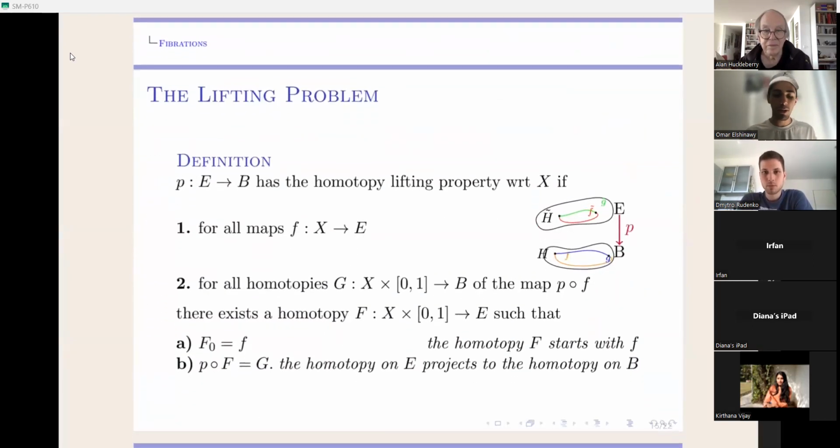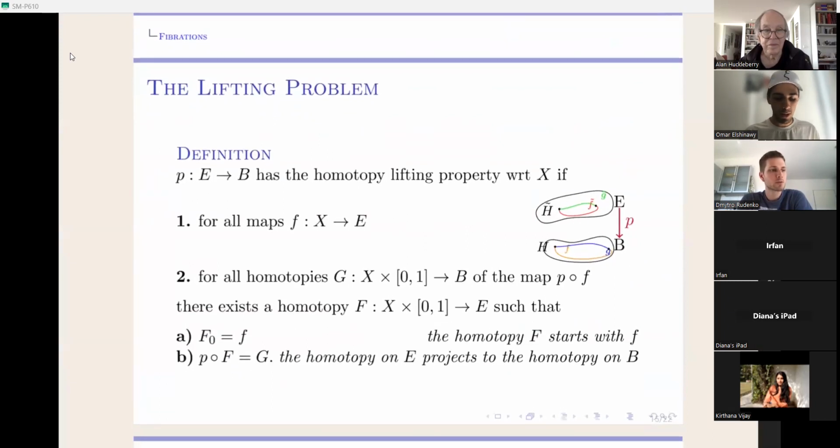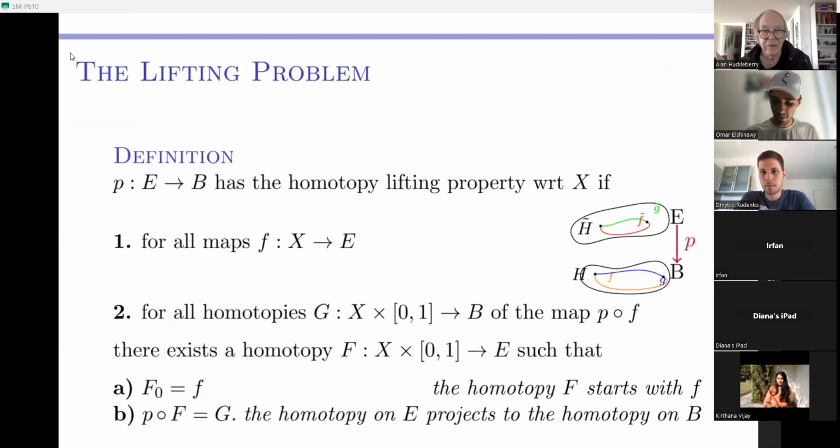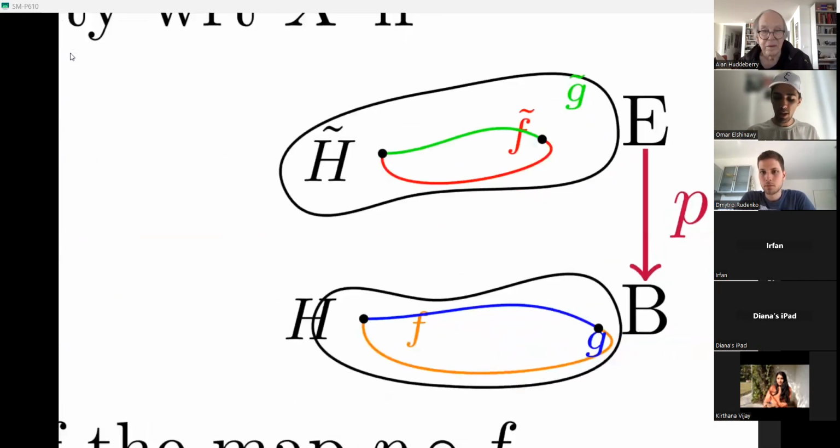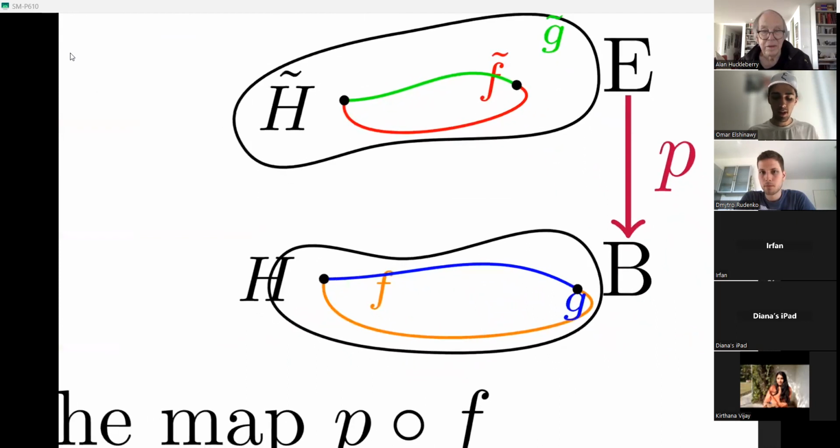And finally, we can talk about fibrations. And with regard to fibrations, we have this thing called the lifting problem. So let's say we have a space like this one, and we have some sort of homotopy H like this one.